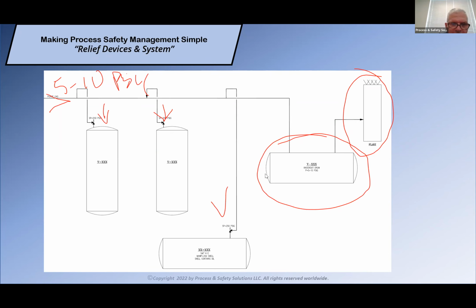Making sure that we're taking into account each of those back pressures, especially if that's somewhat variable, then you need to take that into account. Conventional relief valves may work fine here because everything is set at 250 and we've got a constant back pressure. If that pressure is constant, then we can adjust the springs accordingly.